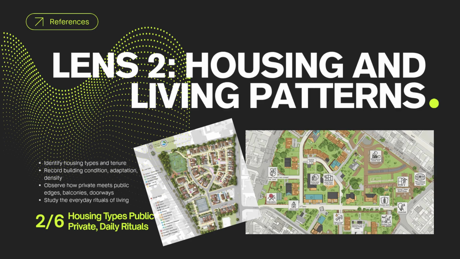A chair outside, a potted plant, or a curtain across a door are all your cues. Record density through sketches and photos, but don't judge it yet. High density is not always bad, sometimes it means community. From here, you can start inferring who lives where, their income, tenure, and how trust shapes the neighborhood structure.